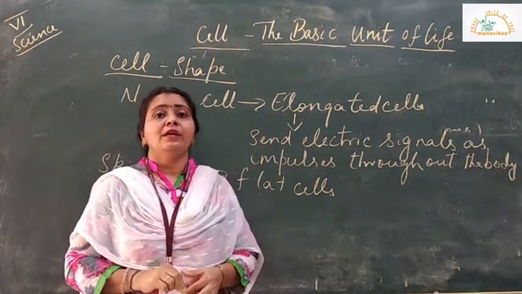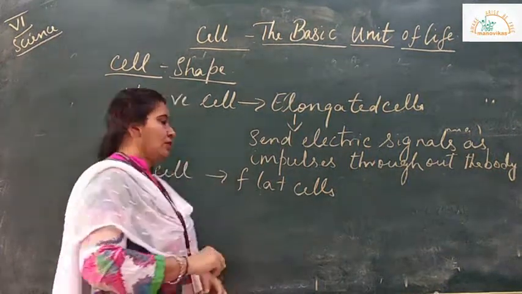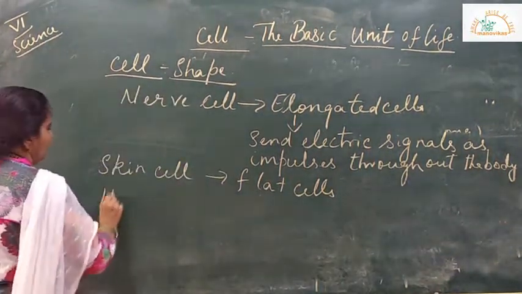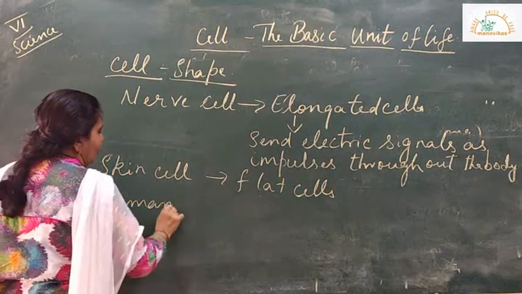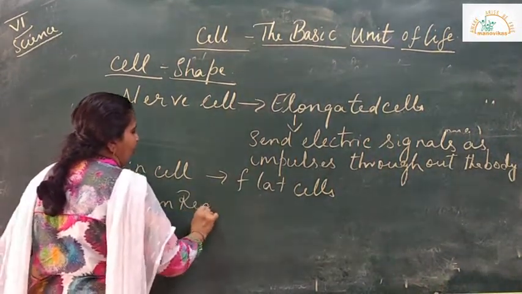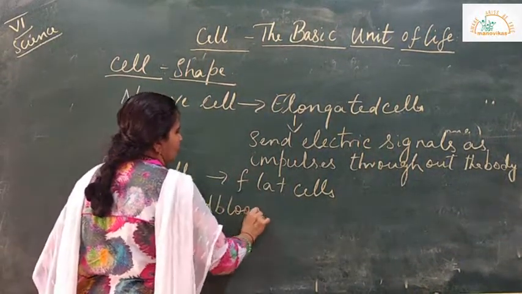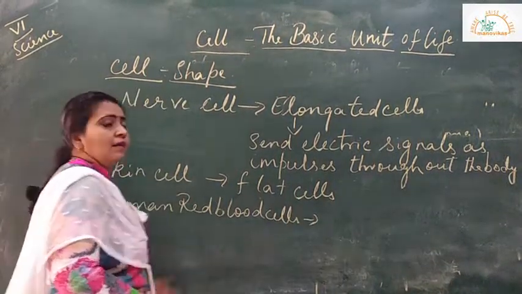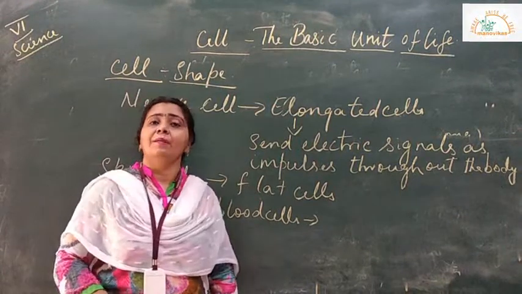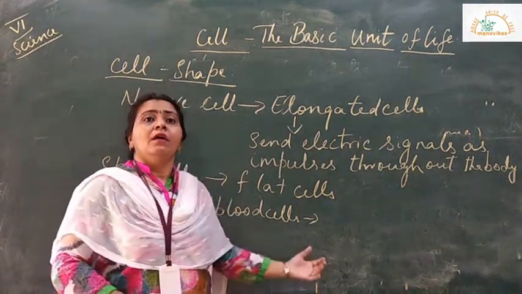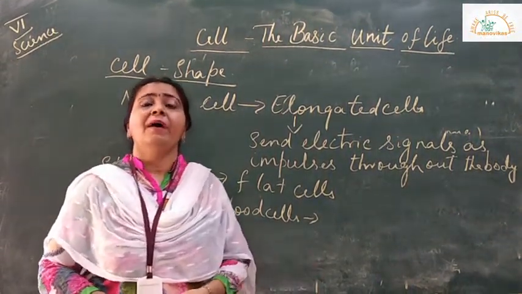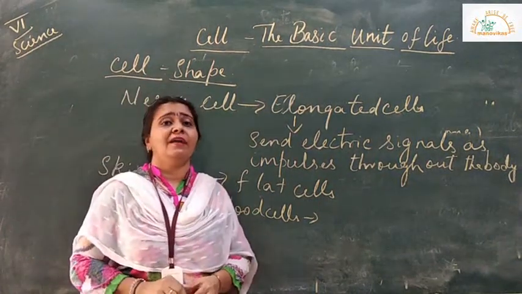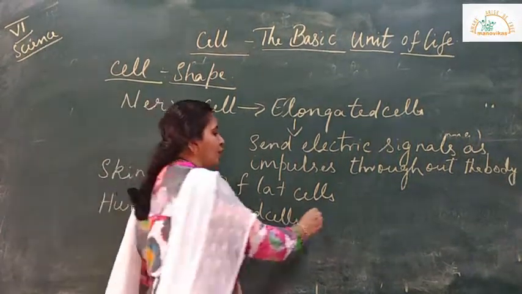Now next let us see the human red blood cell, that is RBC. RBC is actually a biconcave disc-like shape.